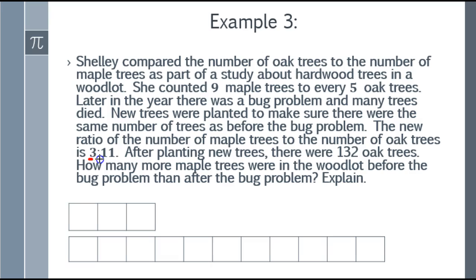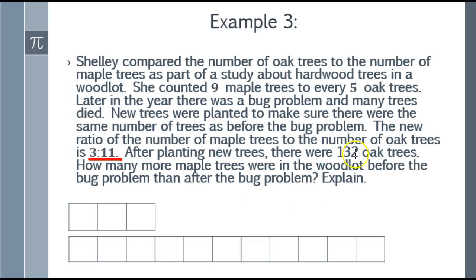The new ratio of maple trees to oak trees is 3 to 11. I've set up a tape diagram to represent 3 to 11. My 3 represents my maple trees, and my 11 represents my oak trees.